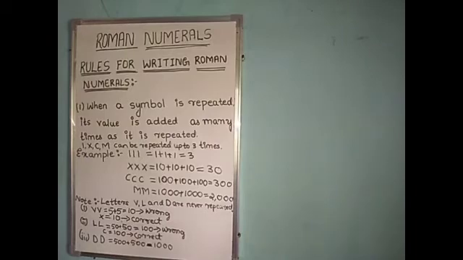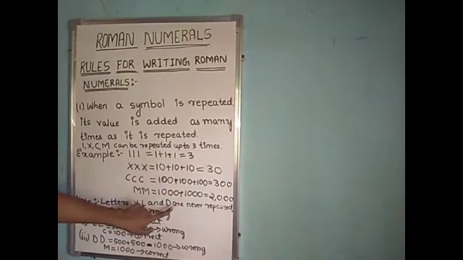We know that symbol M is equal to 1000. 1000 is the numeric value of M. So this one is correct. This one is wrong. That's why V, L and D are never repeated.